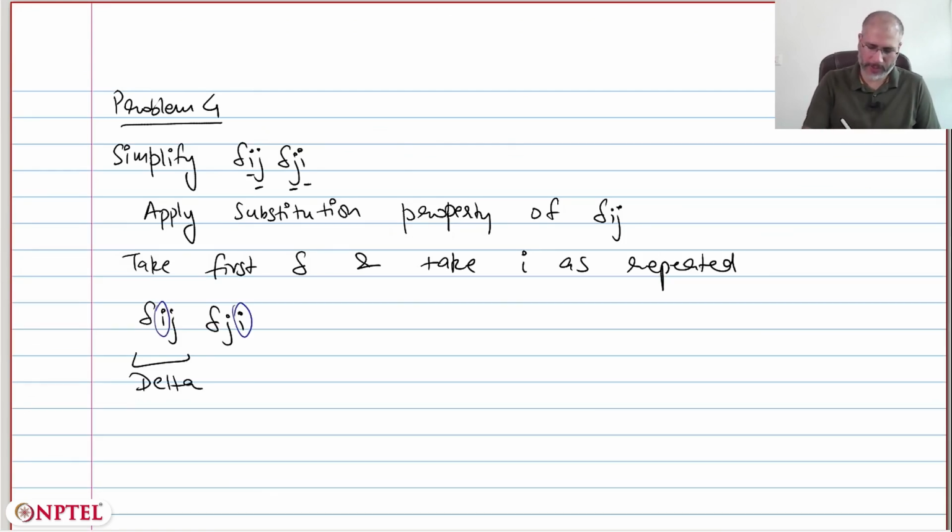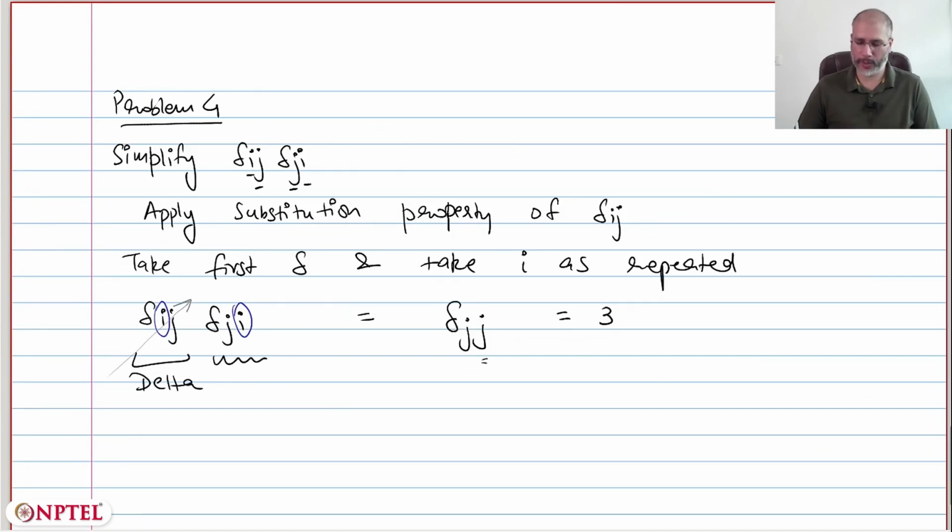So as per the property, we get rid of this delta, and what we are left with is the remaining part, that is this delta, and the repeated index i in the remaining expression is replaced by j. So this becomes delta jj. Here there was an i that's replaced by a j, and this we already know is 3 from the last problem.